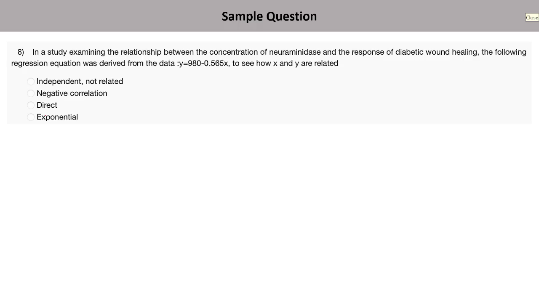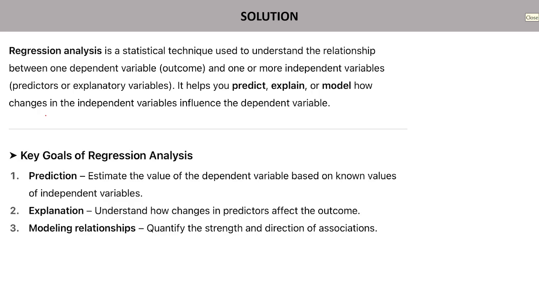Okay, so let's try to understand this question. Let's first understand what regression analysis is. Regression analysis is basically a statistical technique that is used to understand the relationship between one dependent variable and one or more independent variables. The dependent variable is basically an outcome, the one that is happening due to the other variable.